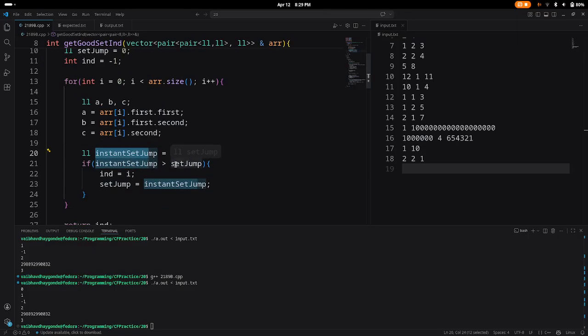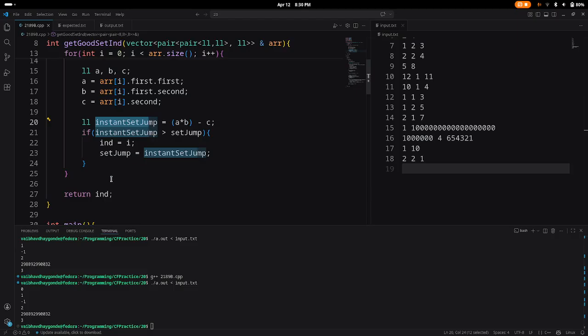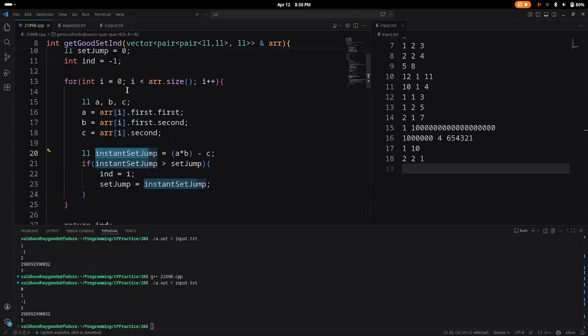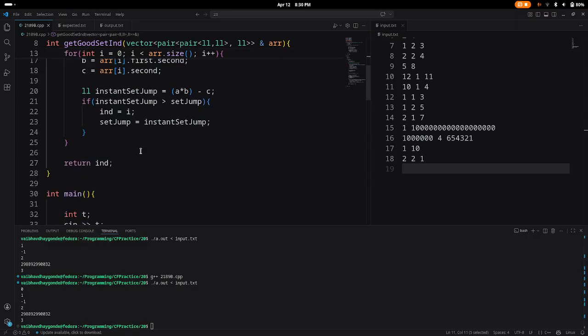If this instant set jump is greater than set jump, then I'm assigning ind with i, and reassigning set jump to instant set jump, as we have to find the maximum set jump. I'm simply returning ind. If I didn't get any positive set jump, then the ind will remain -1 throughout the loop.